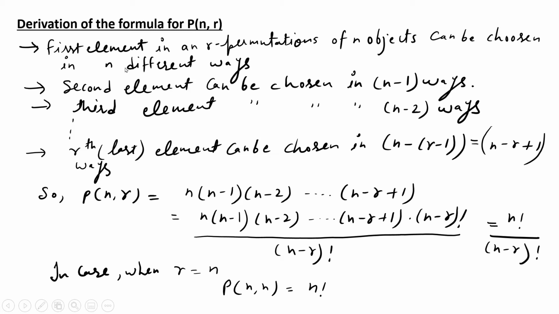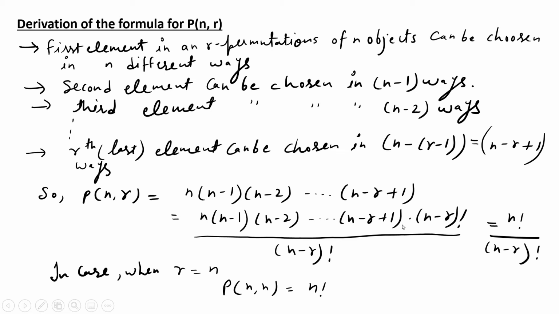The third element can be chosen in n minus 2 ways, and so on. The rth or last element can be chosen in n minus (r minus 1), which equals n minus r plus 1 ways. So P(n, r) would be, according to the product rule principle, n × (n minus 1) × (n minus 2) and so on, down to (n minus r plus 1).